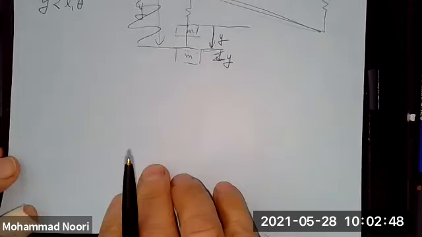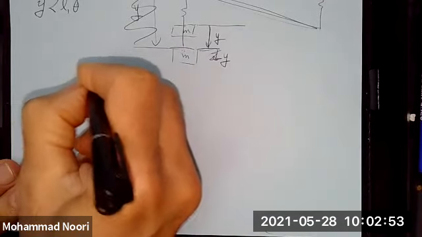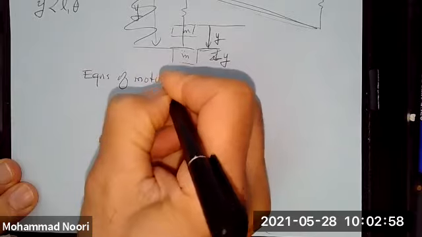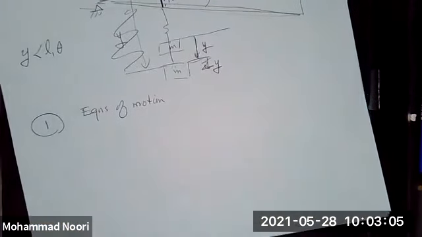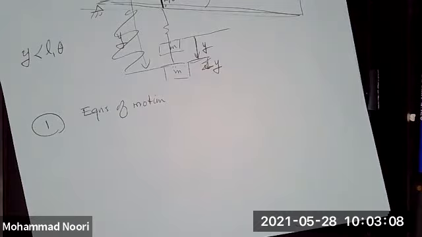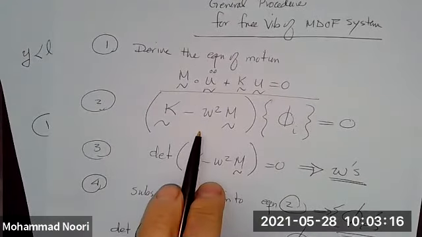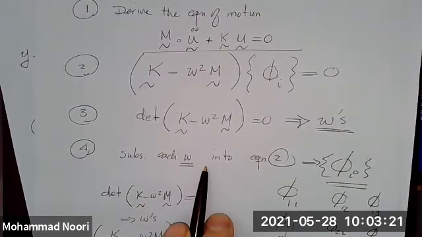So now we want to set up the equations of motion, okay? So we need to set up equations of motion as a first step. As I said, remember, free vibration of a multi-degree of freedom system involves 4 steps. First, you derive the equation of motion, you set the eigenvalue problem, solve for the eigenvalues, and then solve for the eigenvectors.